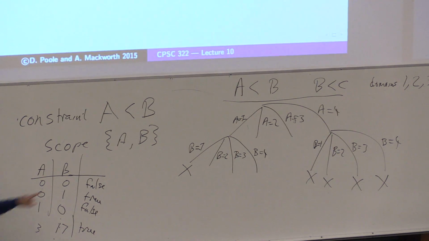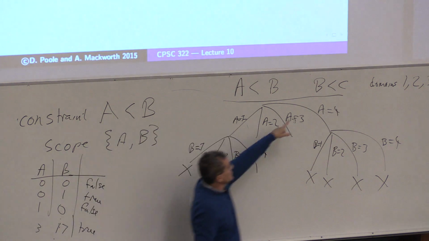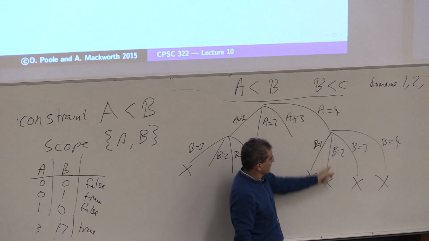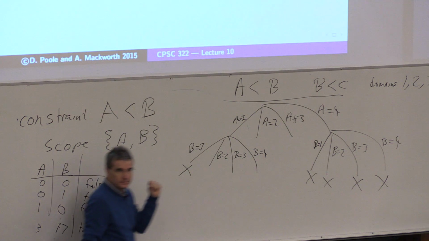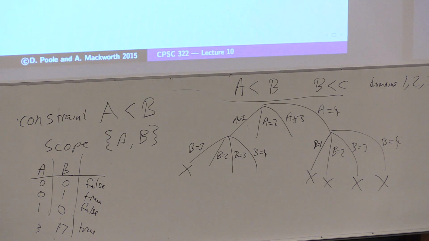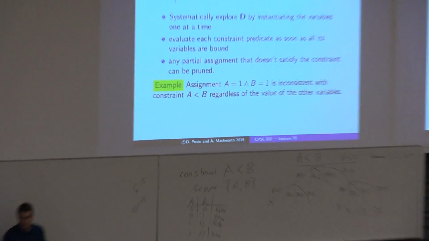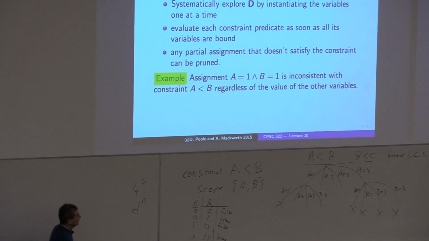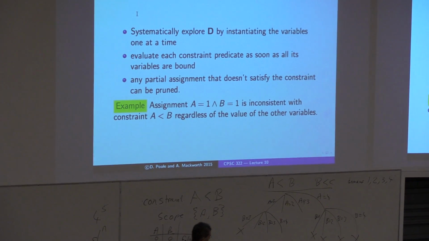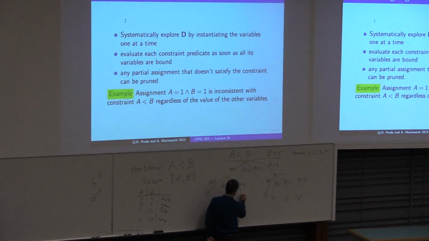Does that make sense? Because all of these, ignoring this one, violate that first constraint. So in fact, we can prune off more than half of them at this stage. And then we can start looking at C. So we could do C here.